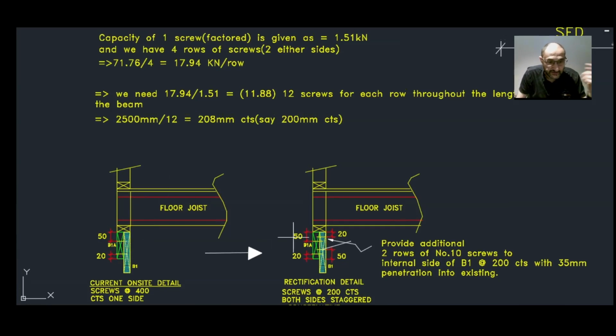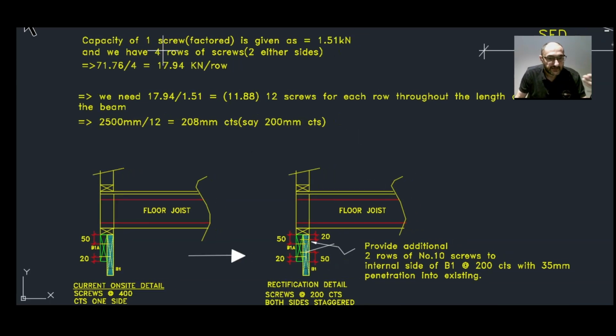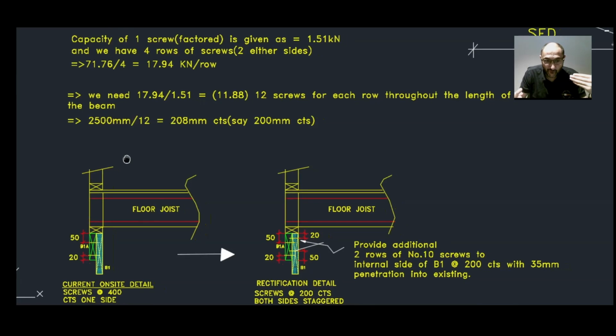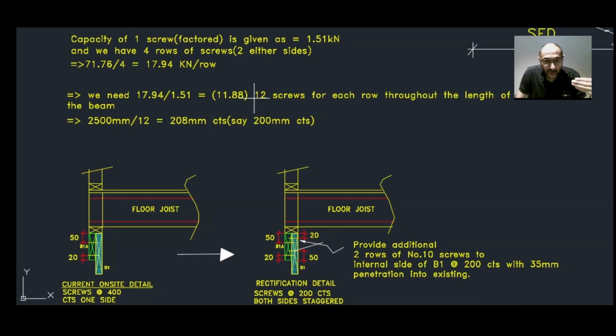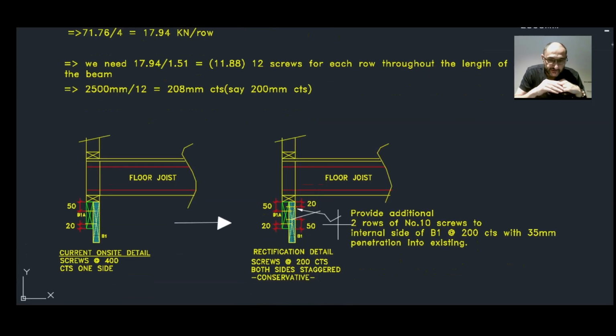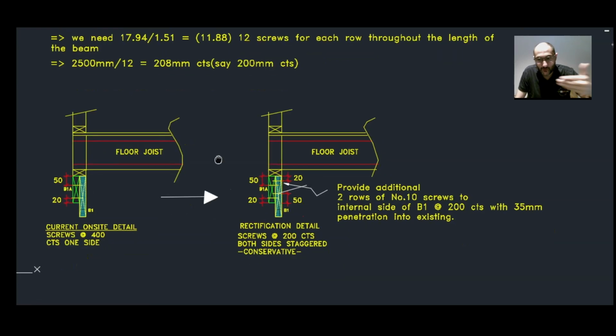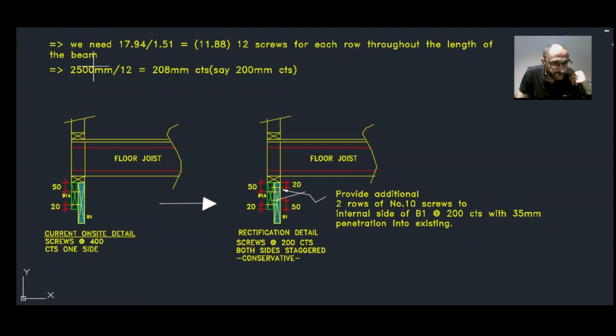Therefore 71.76 divided by 4 means 17.94 kilonewton per row. If we divide that by the capacity of one fixing, which is 1.51, we will have 11.88. So we will round that to 12 screws for each row. So we need 12 screws for each row throughout the length of the beam.